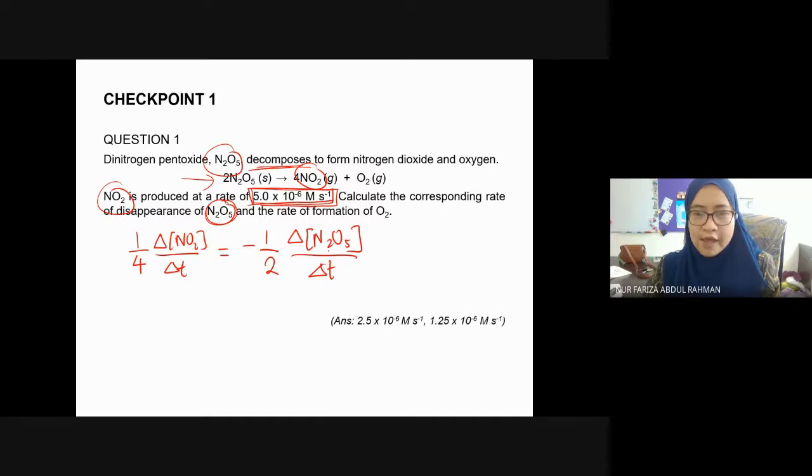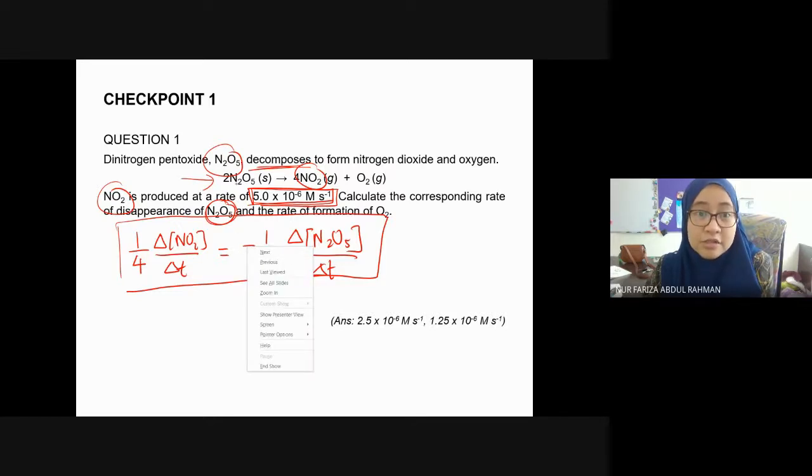If we have the information for any of these two, we can get the information for the other one. Katakanlah kita ada information for NO2, definitely kita boleh cari N2O5. Okay, alright. So this is the information from the differential equation yang kita dah belajar so far, from the balance equation. Okay, don't forget the negative sign because N2O5 is the reactant.